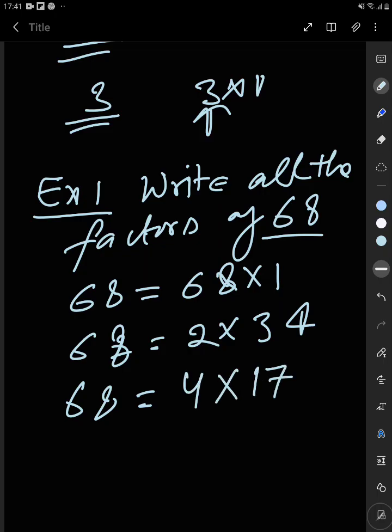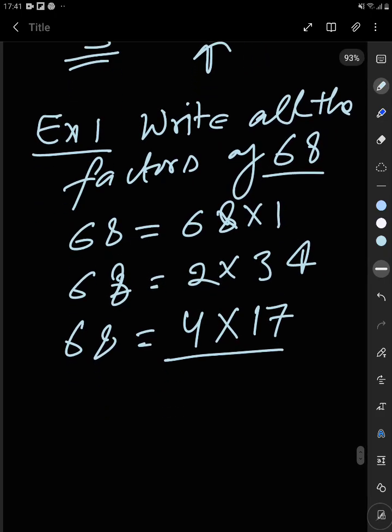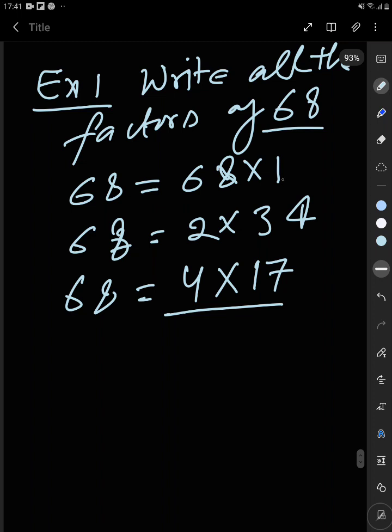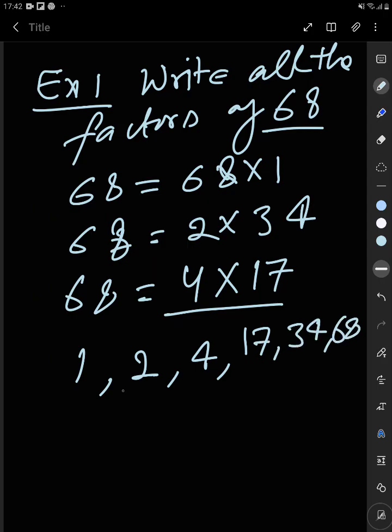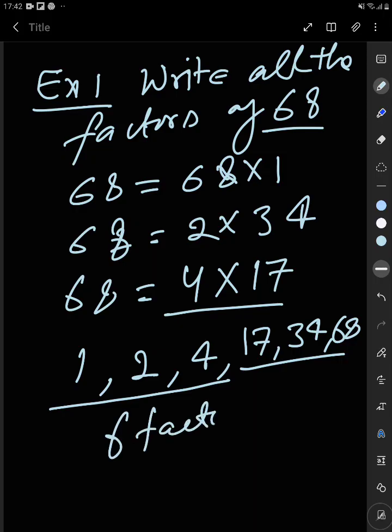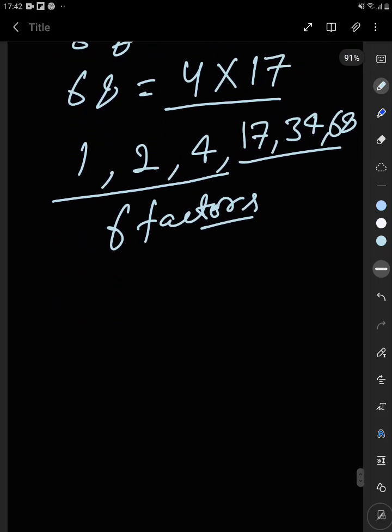Now this cannot be factored further. So all the factors are 1, 2, 4, 17, 34, and 68. So how many factors do we have? We have 6 factors.